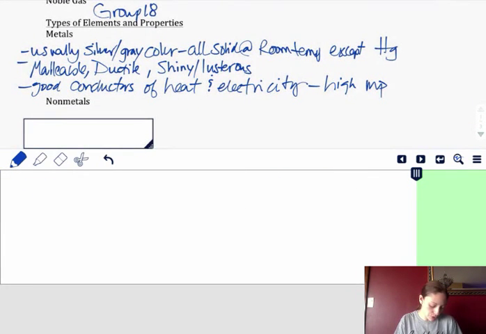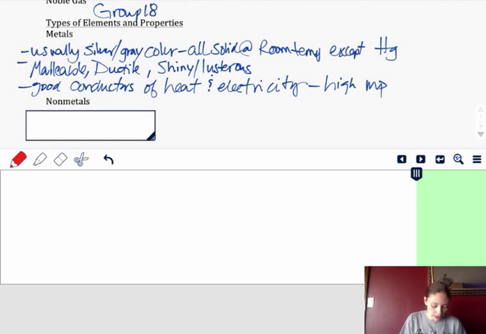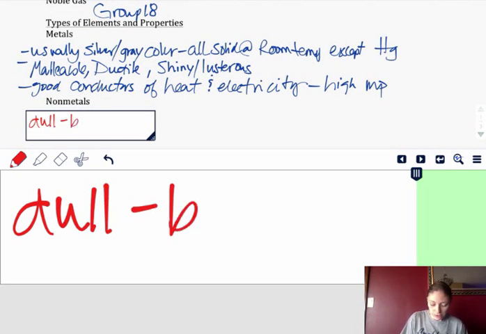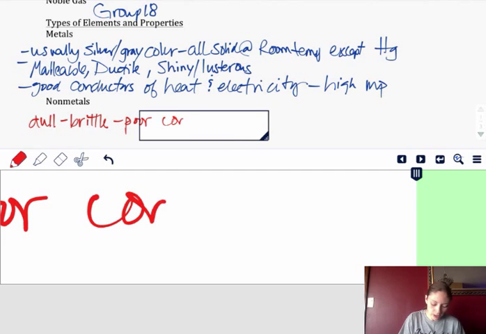All right, on to nonmetals. Nonmetals tend to be very dull. They are not shiny. They tend to be brittle if they're solids. They are not very malleable. They are not very ductile because they're brittle. They are very poor conductors of heat and electricity.